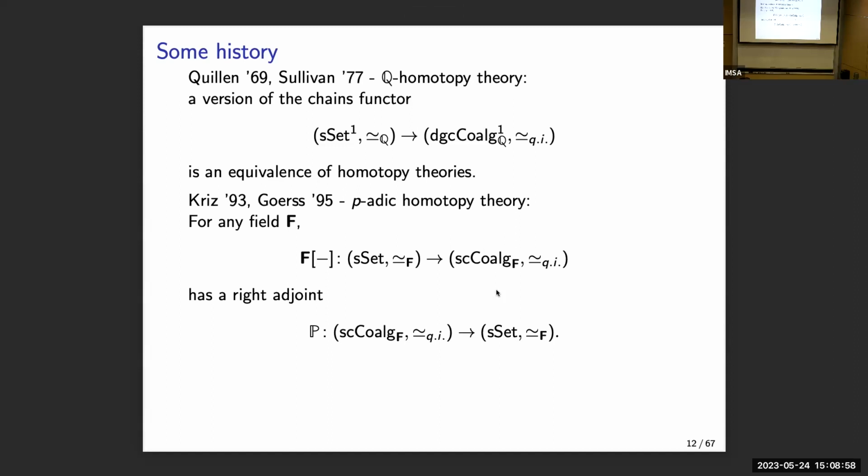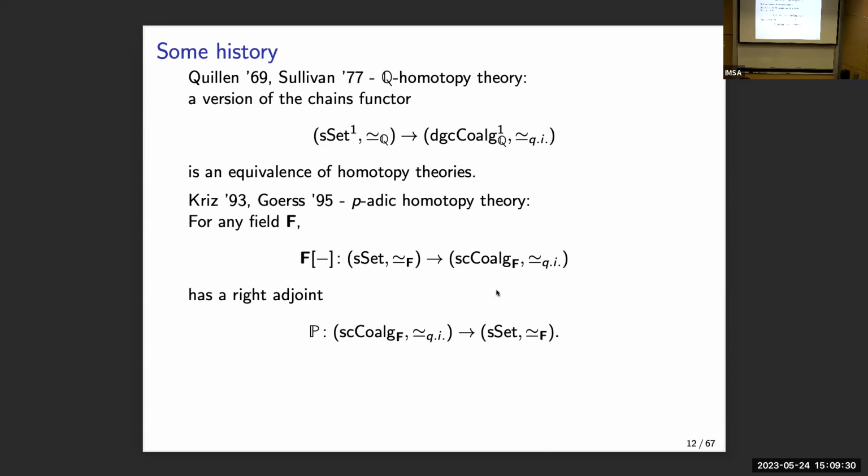Goerss proved the following. For any field F of arbitrary characteristic, one may consider the functor of simplicial chains. SC coalg means simplicial co-commutative coalgebras over F. So it's a simplicial object in the category of co-commutative, co-unital, co-associative coalgebras.